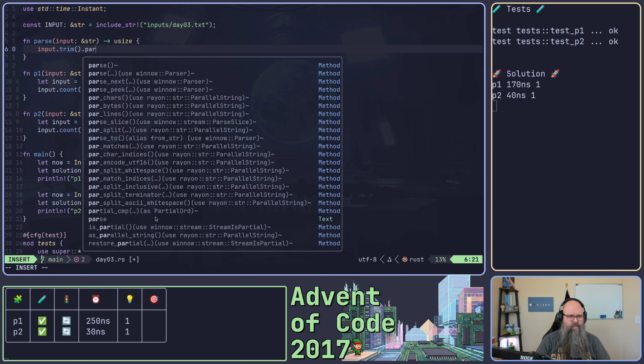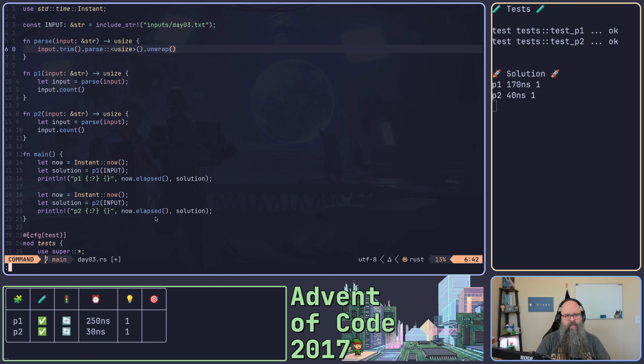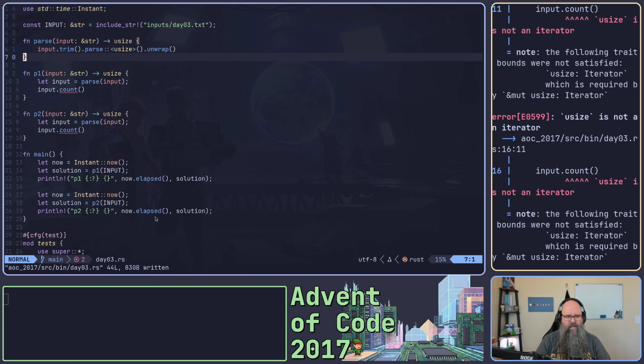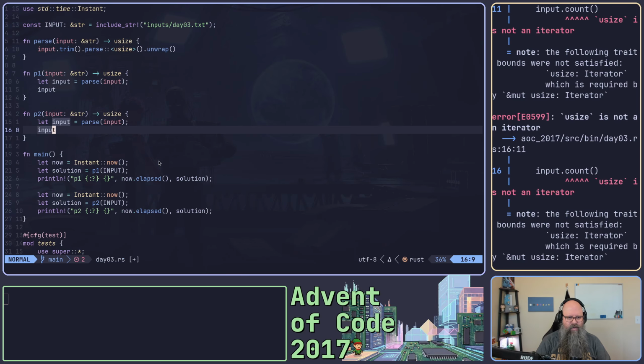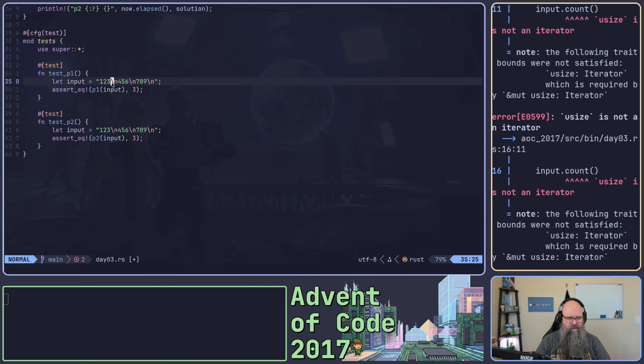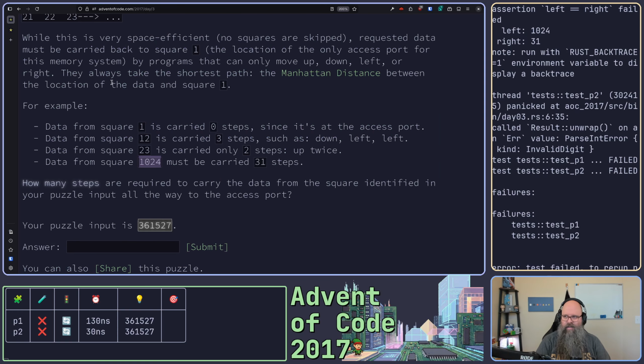Input trim parse size. Let's do a somewhat complex one.